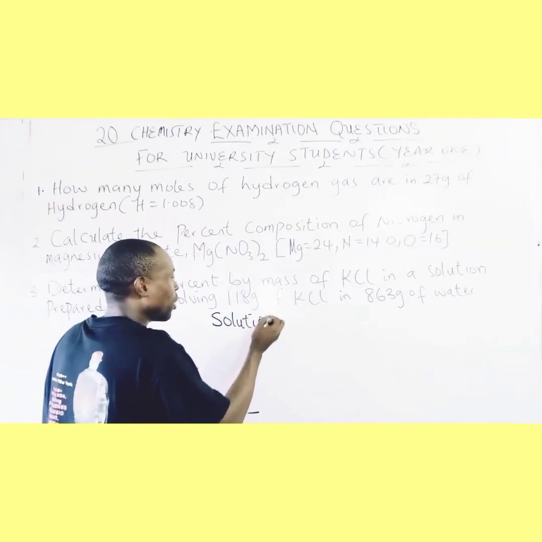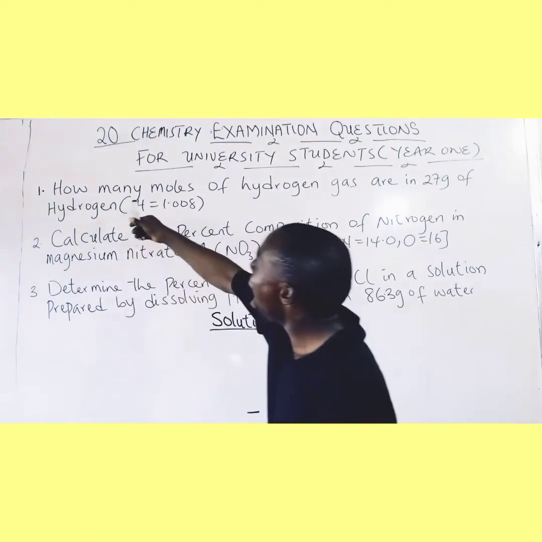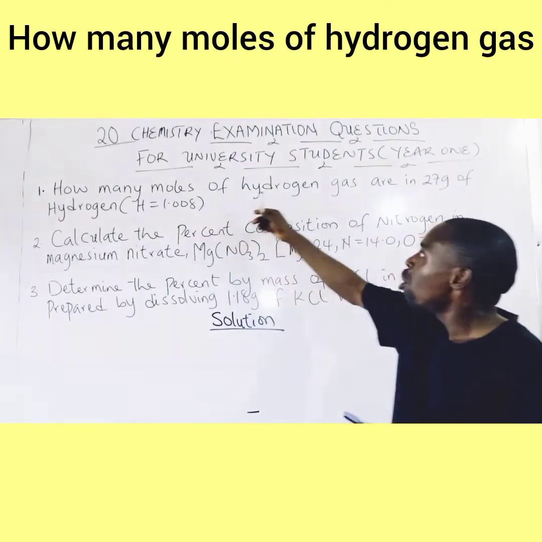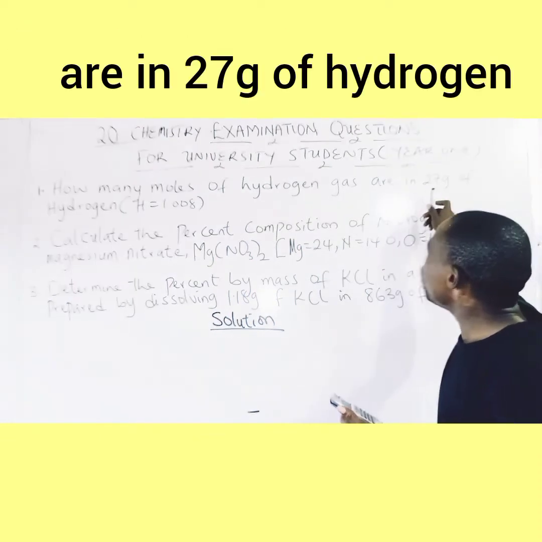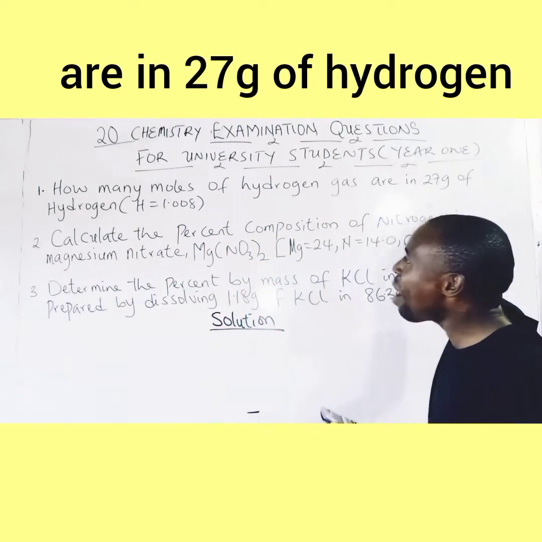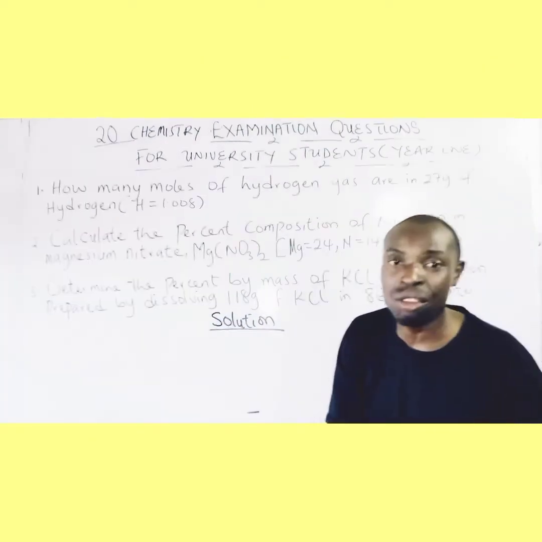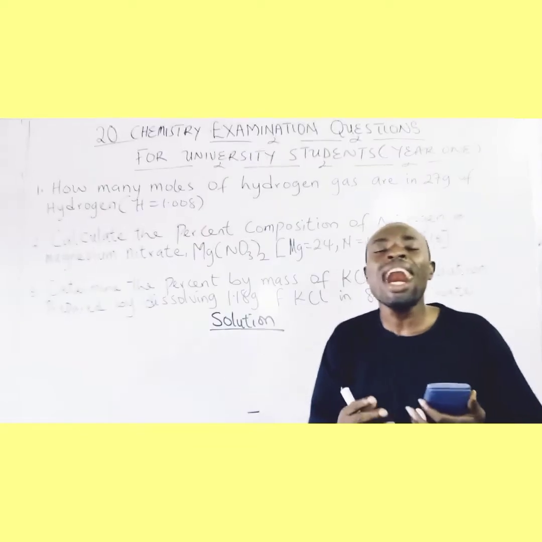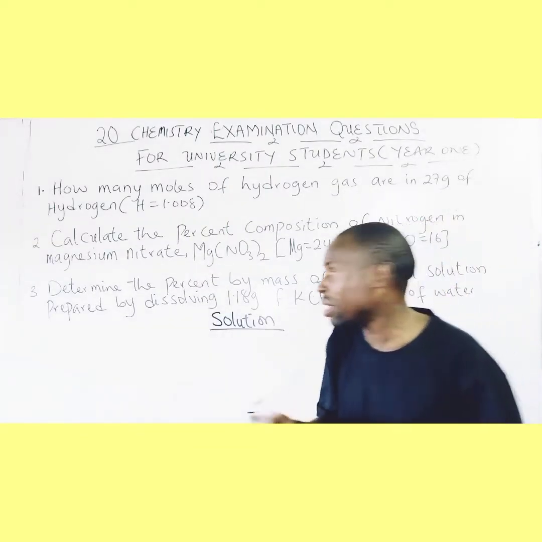Let us do it together. The first question says, how many moles of hydrogen gas are in 27 grams of hydrogen? Very simple. I often tell you that whenever you are asked a question, bring out what you are given. Do not waste time.